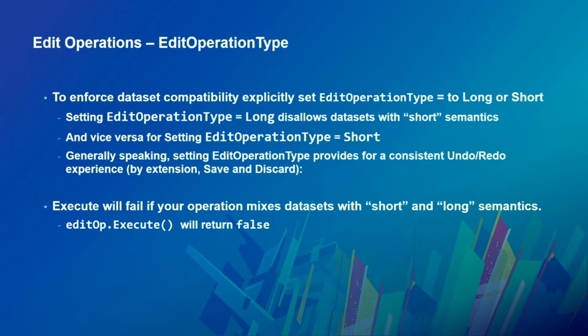So if we were setting it to long, we're disallowing any kind of short transactions, or vice versa. Now, what that means is if we're enforcing something and we're encountering a situation that violates our expectation of the type, the whole edit operation fails. So it never takes place. It just comes back with an error, and then you would need to handle it or provide an appropriate error message for that.